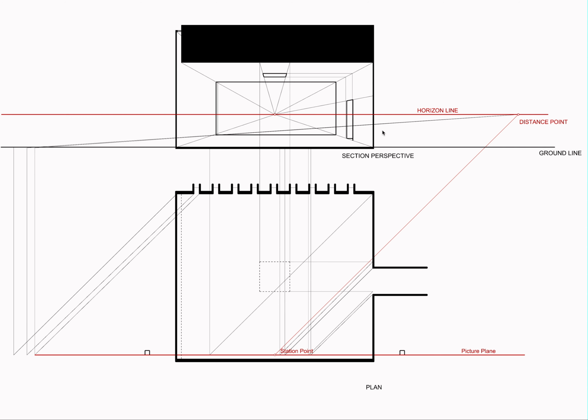Now we can adjust this, and one of the things that we're going to experiment with this week is how to create a little bit more depth, and that's going to be where we set the distance point and our scale and whatnot. We're going to experiment with that, and it's not something that I've done before in class, but I think it's going to be helpful.